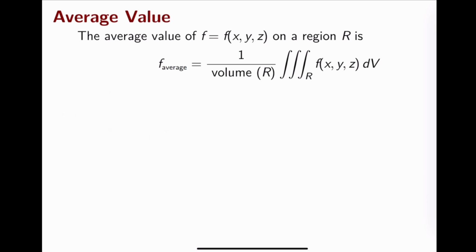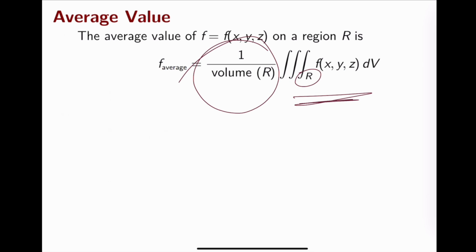In the same way that before, the average value in a volume is going to be the same as in the double integral, only that now we're going to divide by the volume of the region. So it's going to be given by the triple integral on the region divided by the volume of the region.